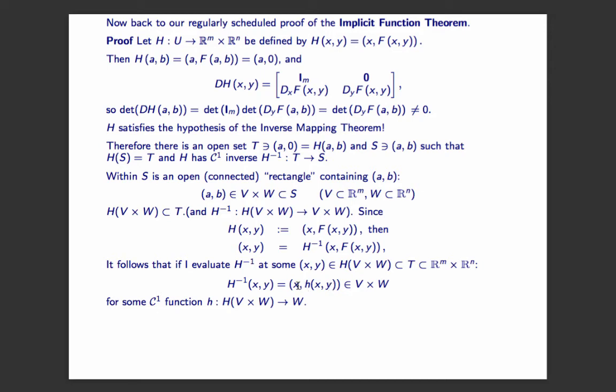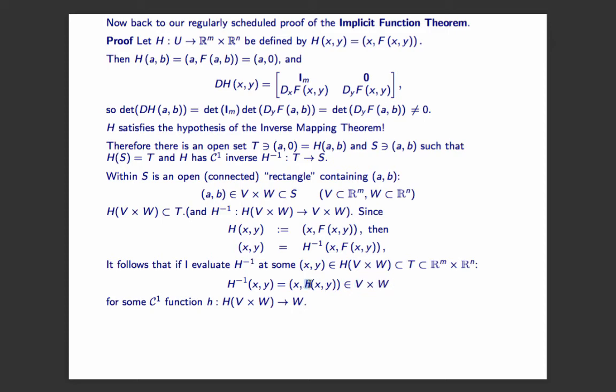The x gets left alone, but the y argument does not, and it is not going to depend just on y, but rather on x and y. And because (x, y) is in the image of V by W, H inverse is going to map it back to V by W.